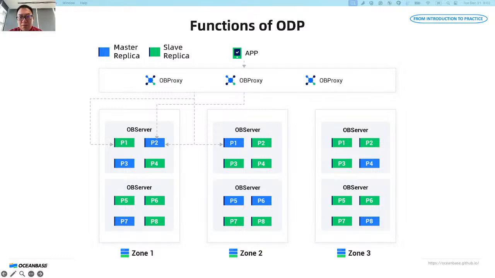In these scenarios, the client will be disconnected if the client is directly connected to the OB server node that is offline or has a machine failure. However, ODP hides the complexity of the distributed nature of the OB server node. When the client connects to ODP, it can guarantee the stability of the connection. In other words, ODP allows users to use the distributed database like a standalone one.